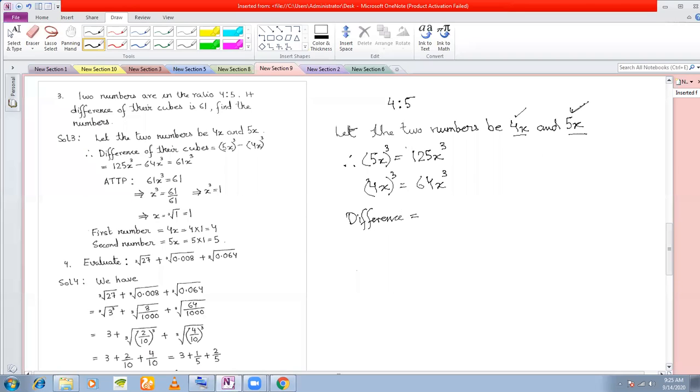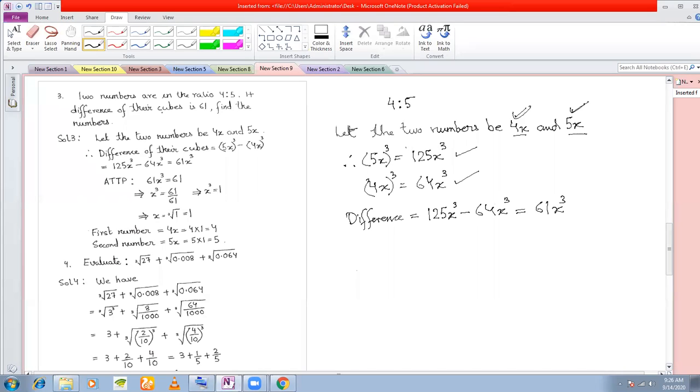Now, since 5x is the higher number, 4x is the lower number, so therefore the cube of 5x, which is 125x cube, this has to be the higher number. And the cube of 4x, this has to be the lower number. So difference is higher number, 125x cube, minus the lower number, 64x cube. Okay, so this comes to 61x cube.